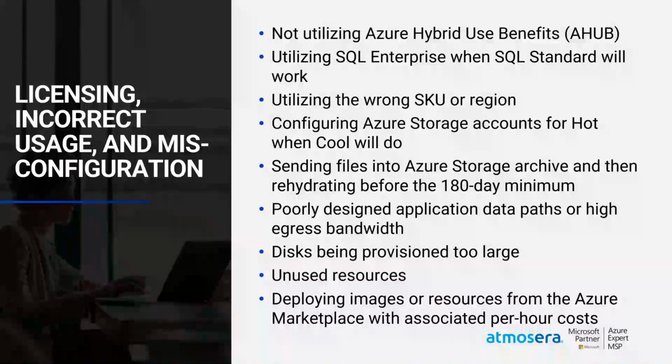You save a lot of money if you use AHUB for the operating system, Windows Server, and especially with SQL Server. If you have AHUB for SQL Server, it's going to save you a lot of money in the long run. We also see folks using SQL Enterprise a lot because that's what they did on-prem. If you're not using the SQL Enterprise feature set, you're wasting a lot of money in Azure.